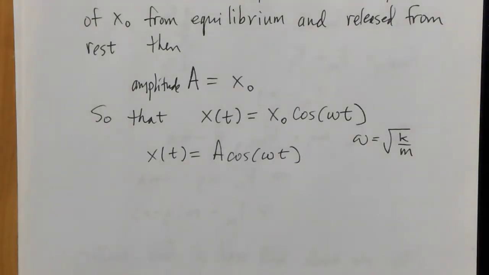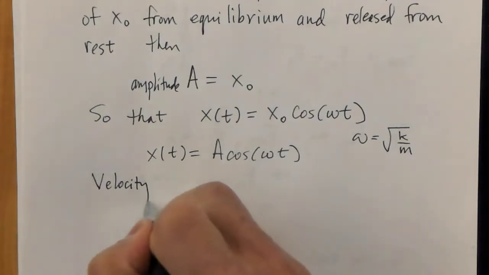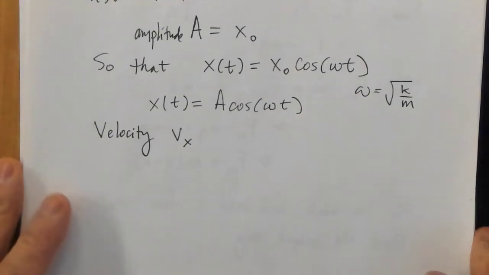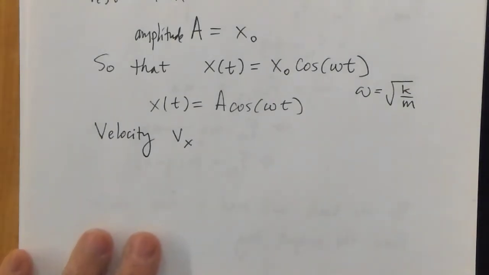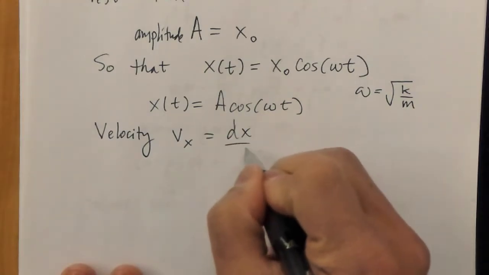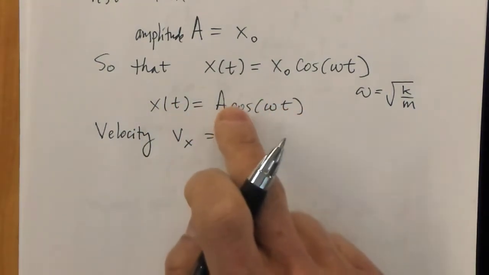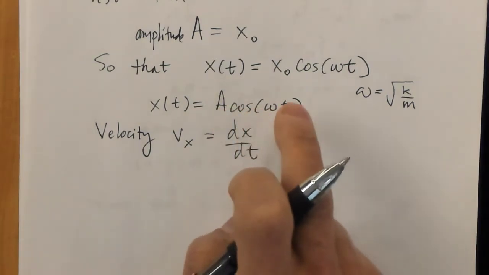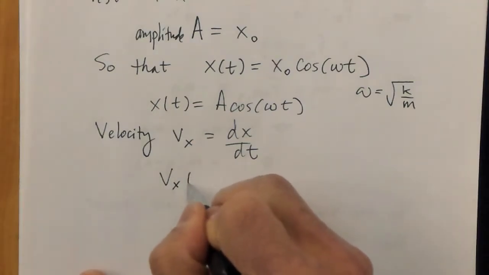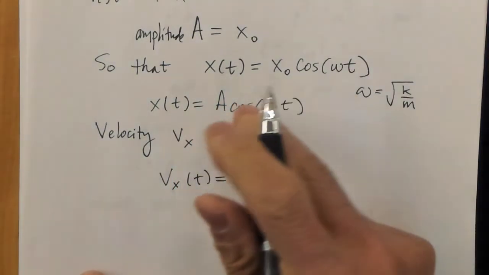Now let's talk about the velocity. The x component of the instantaneous velocity is going to be the time derivative of x. So in order to get the velocity, I just need to take the time derivative of this, and we just learned how to do that. So Vx as a function of t: the A is out in front here.